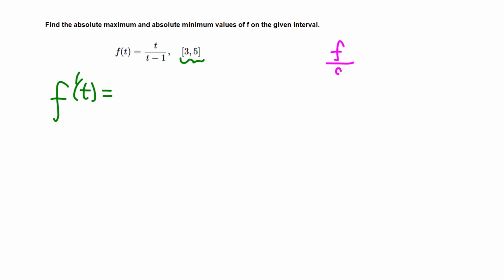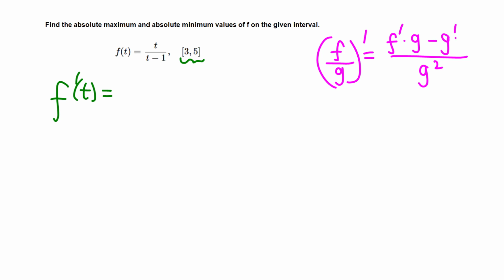When we have a function divided by another function, its derivative is bottom squared on the bottom, and on the top, derivative of top times bottom minus derivative of bottom times top. So using that, we get on the bottom, square.